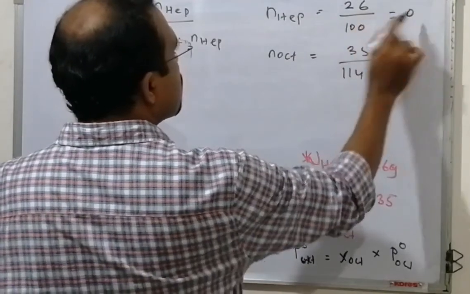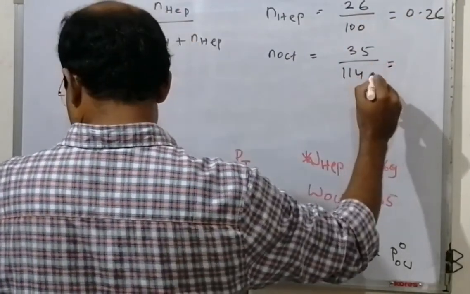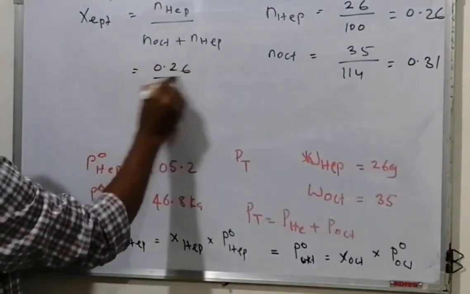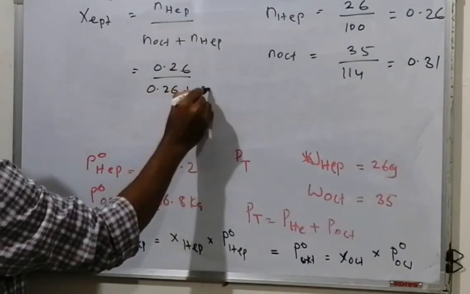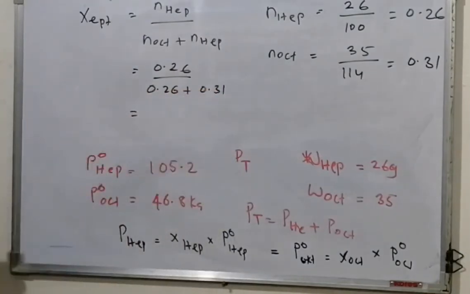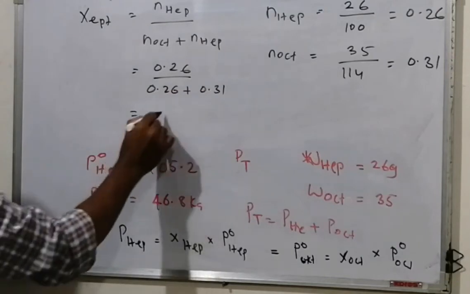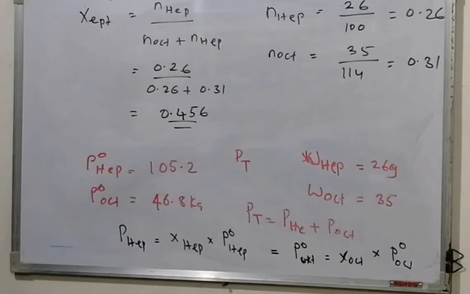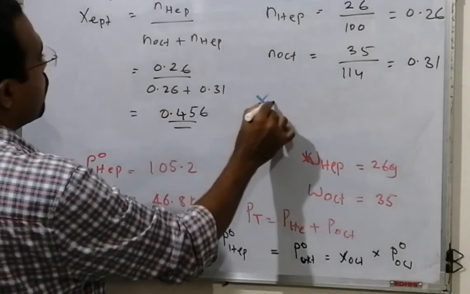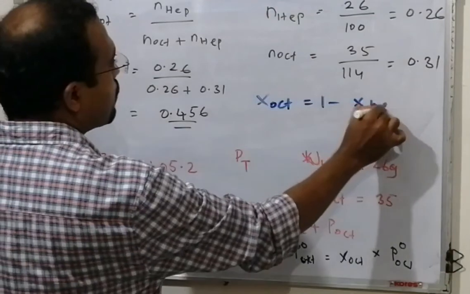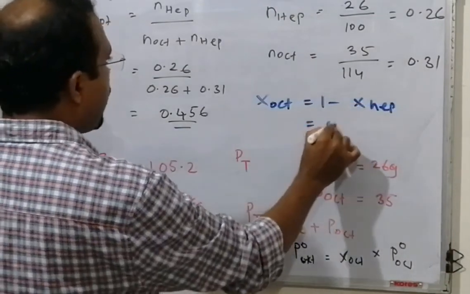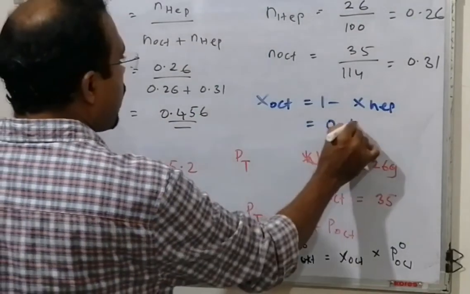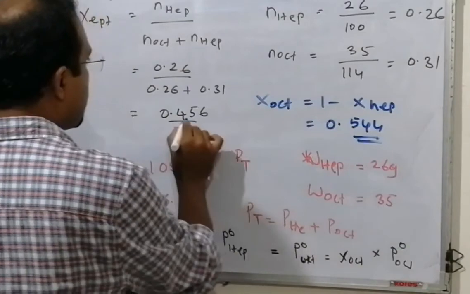This is 0.26 and this is 0.31. Therefore, 0.26 divided by 0.26 plus 0.31. What is that value? That is 0.456. The mole fraction of heptane is known. Now the mole fraction of octane is equal to 1 minus the mole fraction of heptane, that is 0.544.